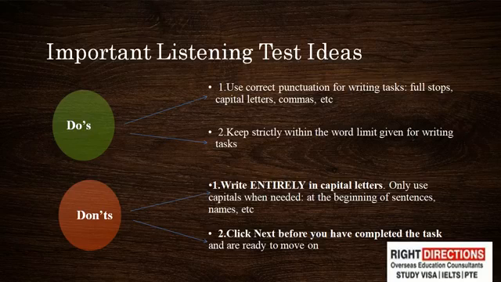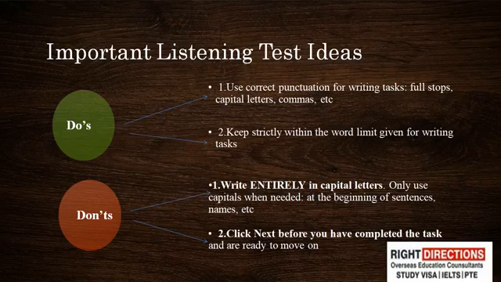Secondly, you should keep strictly within the word limit. If I talk about the first task, summarize spoken text, you have to write between 50 to 70 words. So, you should keep strictly within the word limit.